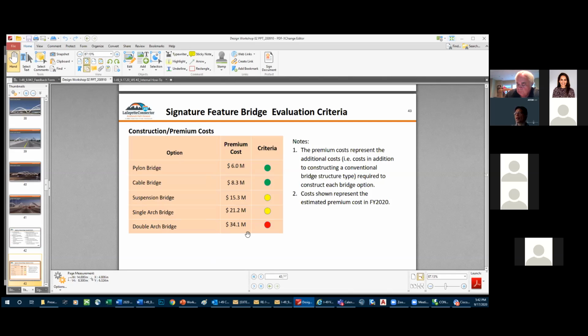The double arch tends to be the highest because it has multiple arch elements that have to be constructed. The total elimination of columns underneath the two arches comes at a cost. You can see the premium cost, which is the amount you pay over and above a straightforward viaduct construction: an additional 34 million for the double arch, and then it goes down this list back to just the pylon.